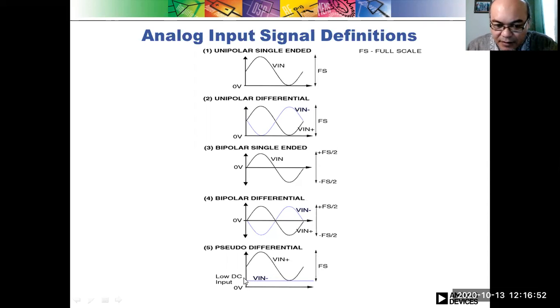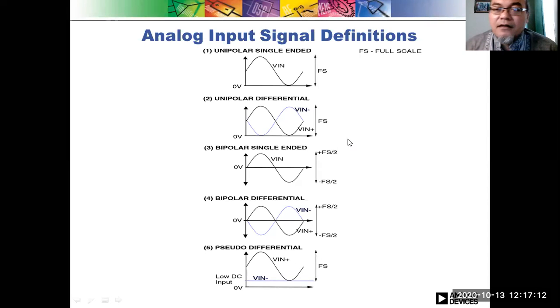The negative Vin becomes the low DC input, so one of the inputs is not varying but is just an offset. Then the other input is calculated above that offset, not above 0 volt, but above that offset. So these are the various types of input signal definition.